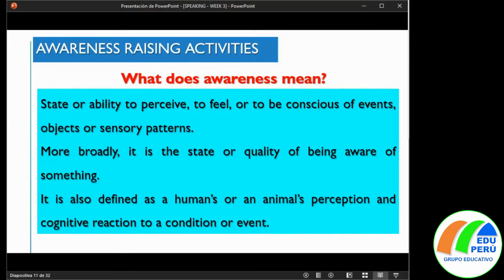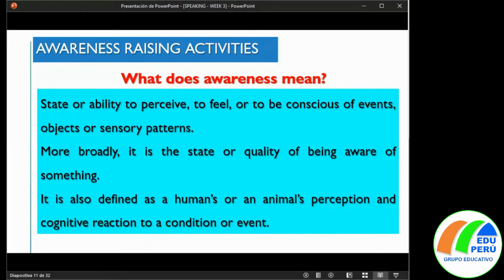All right? So notice the definition of awareness. It is an ability, a state, right? That allows us to perceive, to feel, to be conscious of situations or objects or some sensory patterns, or conditions. We are going to react.